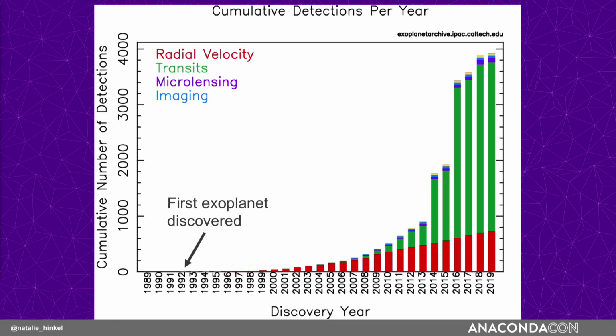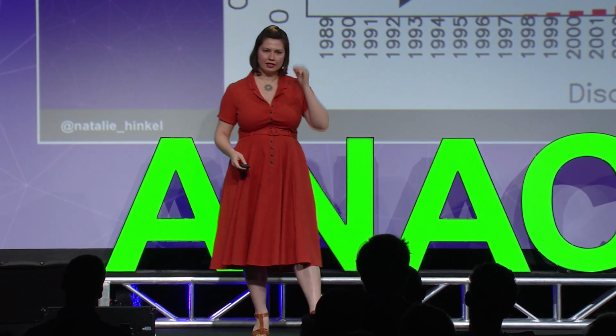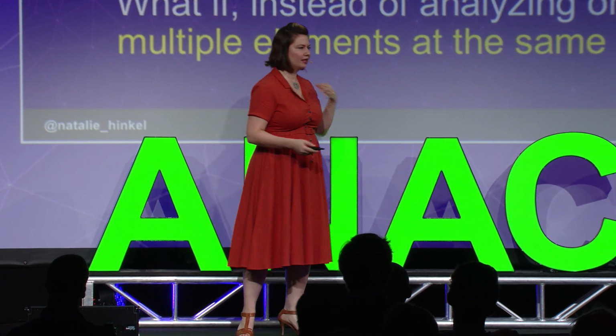But like I said, I look at stars and I look at the elements of stars. So the obvious question is, can we see a signature of planets within the stars, within the composition of the stars? And the answer is kind of.